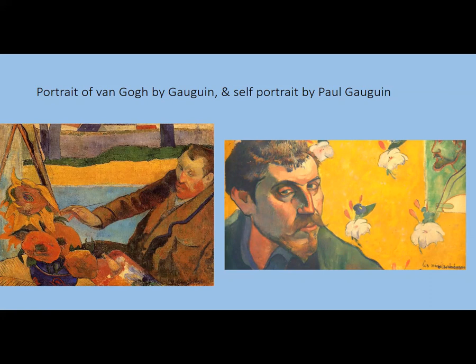And then Van Gogh starts getting a little paranoid. And one night after an argument, Gauguin goes out, and then Van Gogh kind of stalks him and threatens to cut him with a knife.